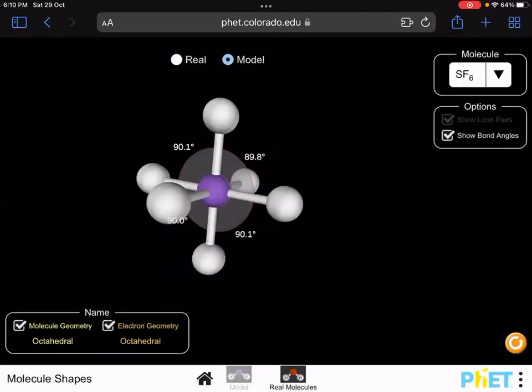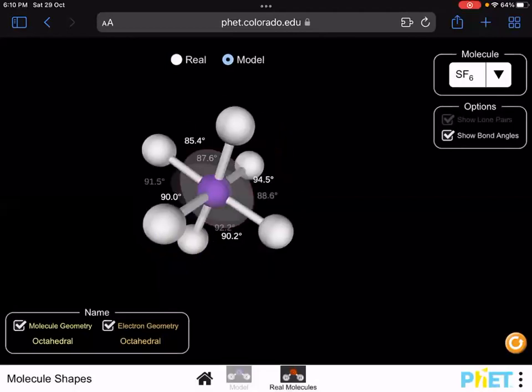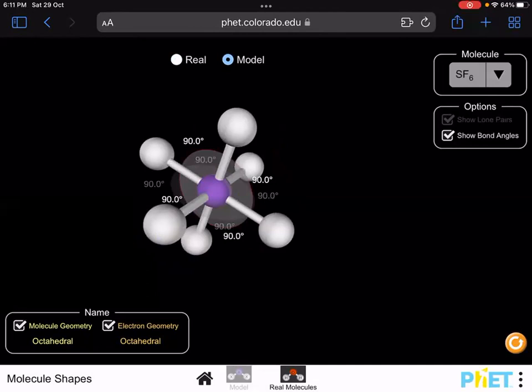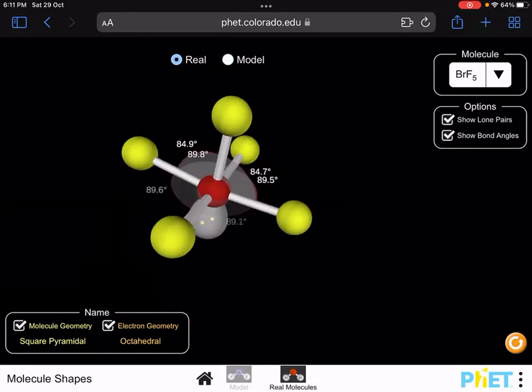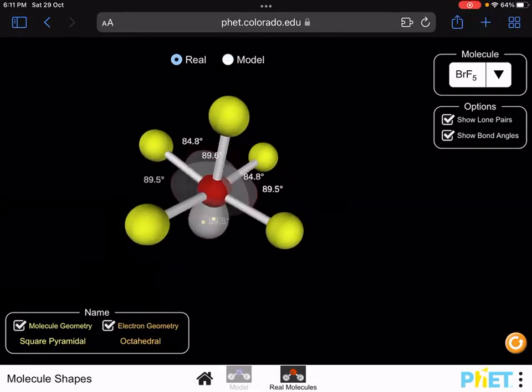So if you take BrF5, bromine in the center, fluorines at the corners. If you check, the bond angle gets reduced. Actually, it will be 90 degrees.